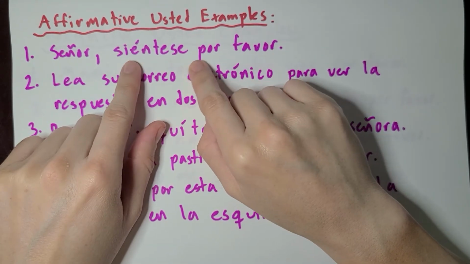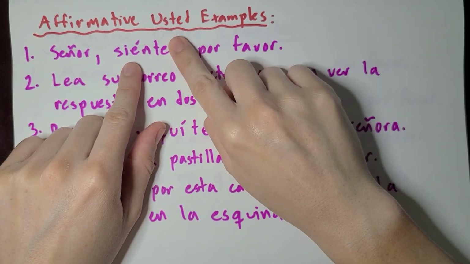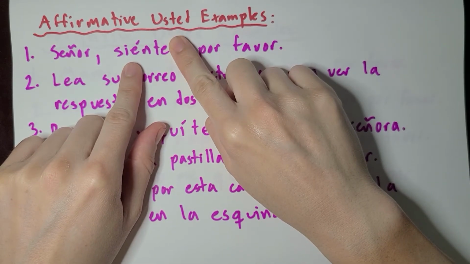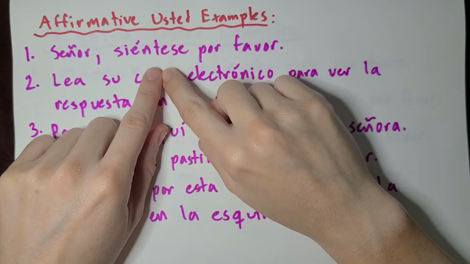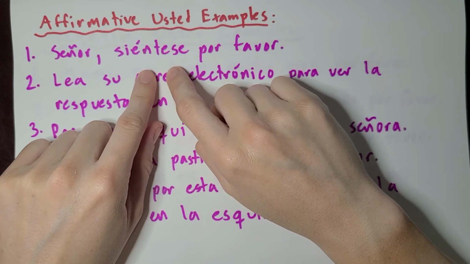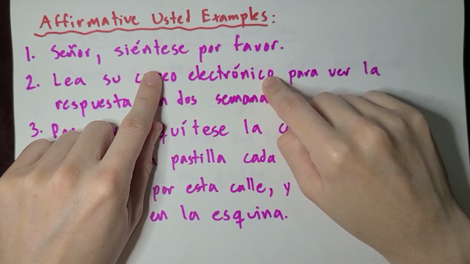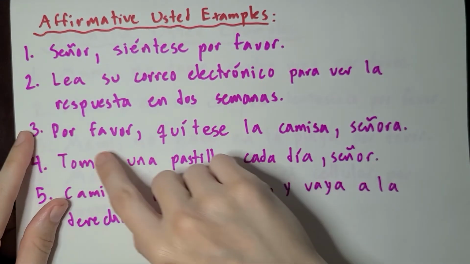That AR just became an E, and the reflexive part of sentarse still stays on the end. So, señor, siéntese, por favor. Sir, please sit down.